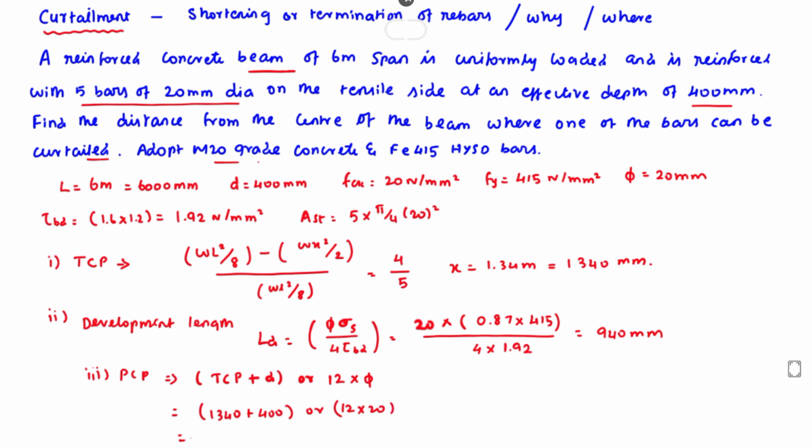So we get 1740 or 240. We take whichever is higher. The 1740 mm is the higher value, so the physical cutoff point will be 1740 mm, or 1.74 meter. This is the method we can use to solve the problem.